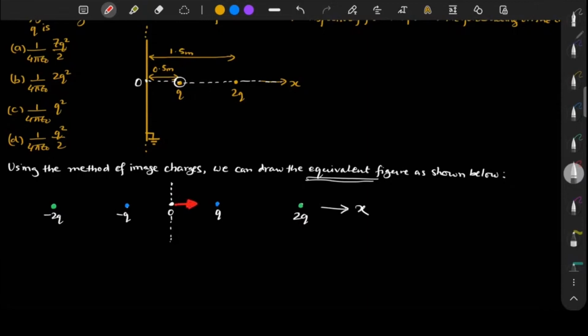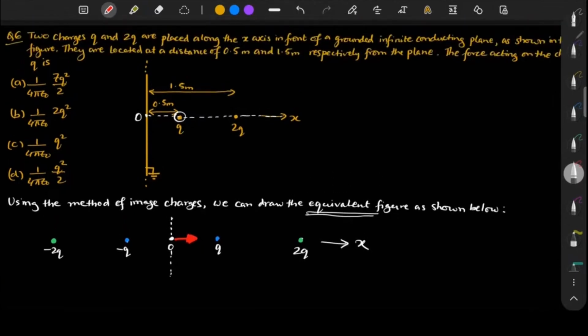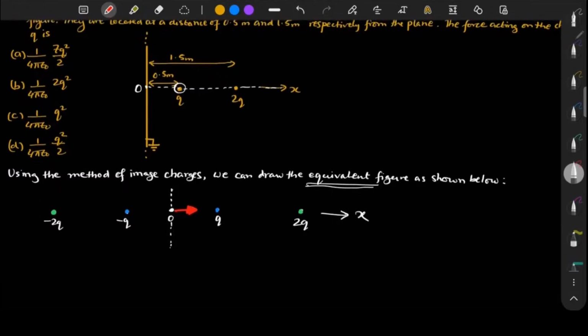In the negative x region, you cannot use this charge configuration that we have created by the method of image charges to find out stuff in the x less than 0 domain. So only in the positive x domain, we can replace this infinite grounded conducting plane by this charge configuration to solve the basically force or electric field or potential in the domain where x is greater than 0.